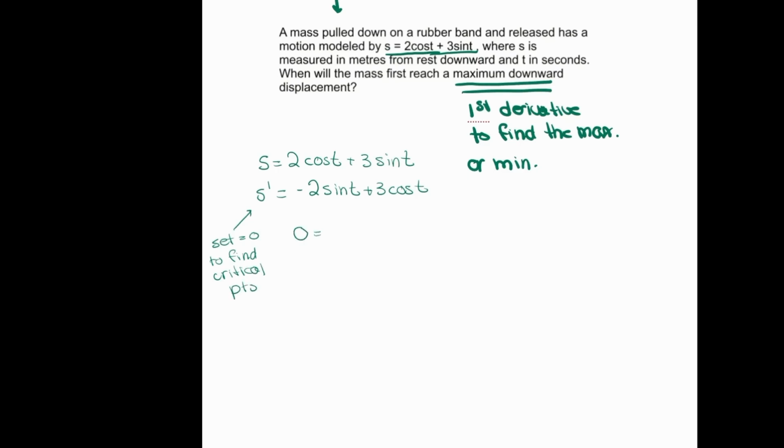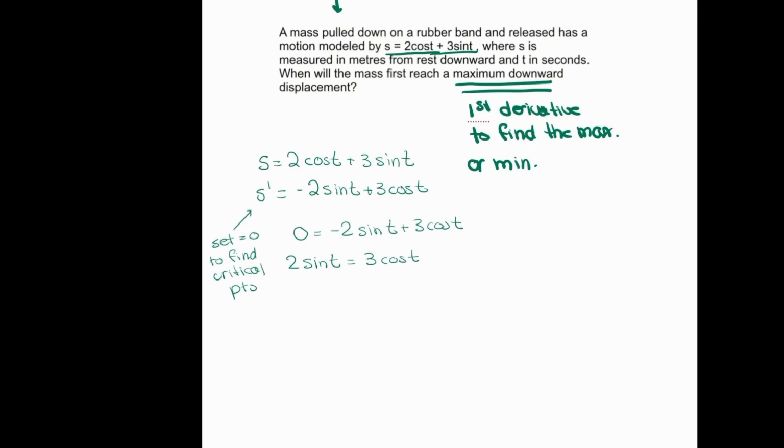So 0 equals negative 2 sine t plus 3 cosine t. We're really not going to do anything with this but solve it algebraically by moving some things around. I'm going to move the negative 2 sine t over to the other side to become positive 2 sine t, which is now equal to 3 cosine t.